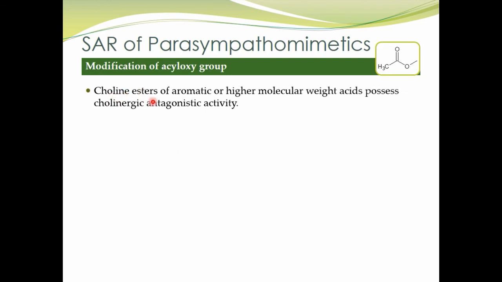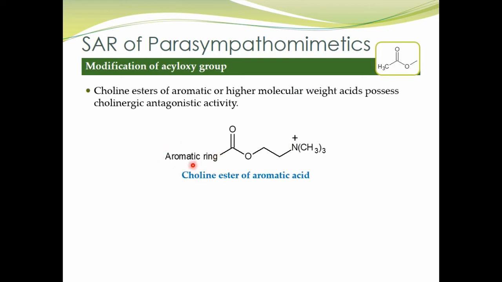Next point is that choline esters of aromatic or higher molecular weight acids possess cholinergic antagonistic activity. So acetylcholine is a choline ester with the acetic acid group, CH3CO, called the acetic acid ester of choline. In that, instead of acetic acid, we replace it with aromatic or higher molecular weight acids.